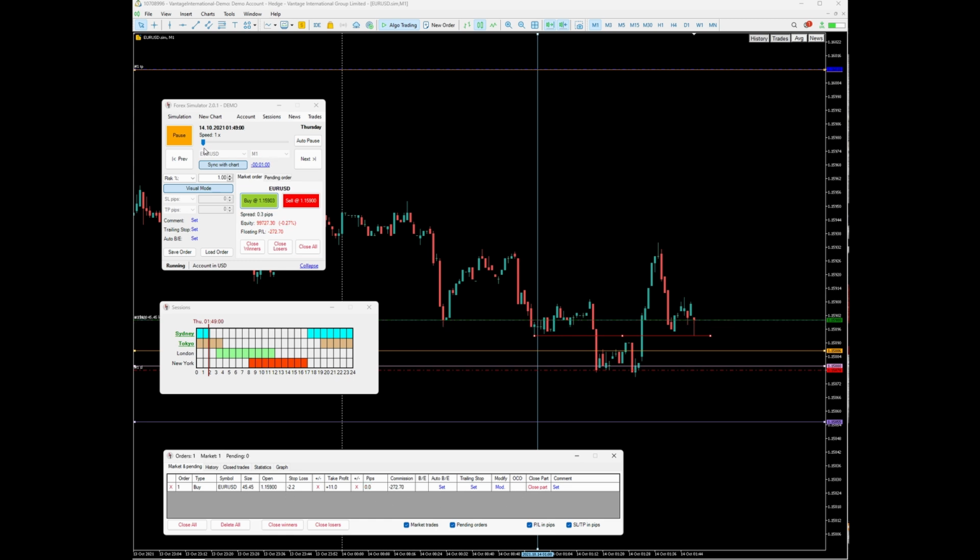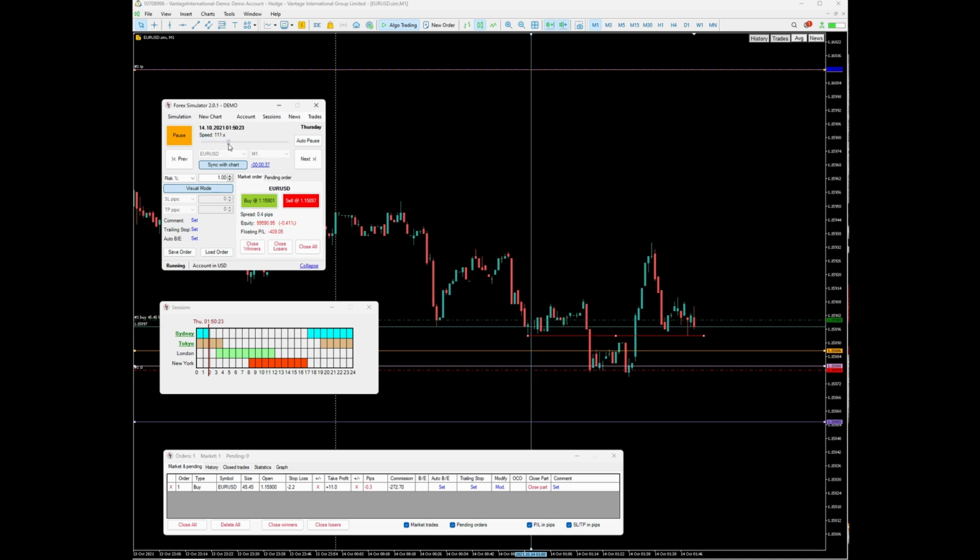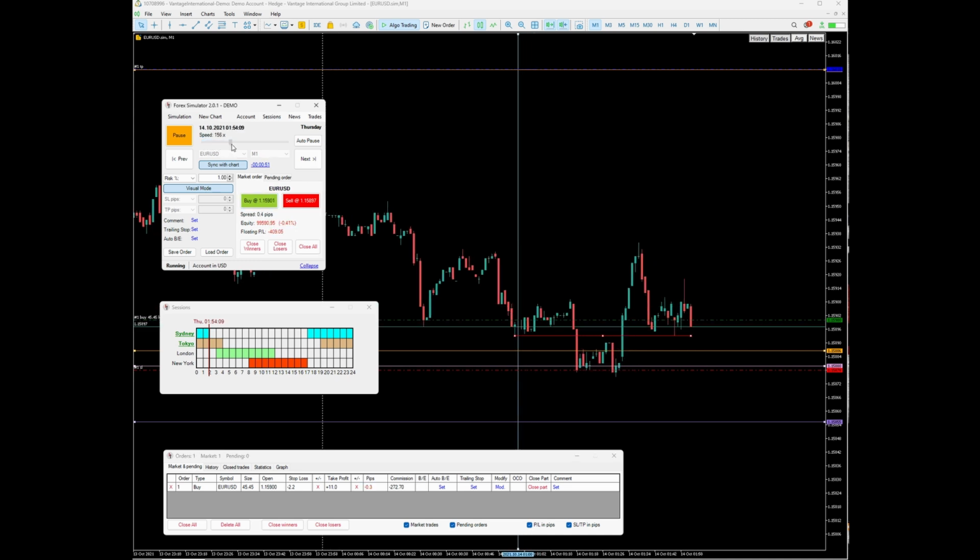Now we can link it in real time and see a minute-based approach. We can also set up auto break evens, trailing stops, but let's try to leave the extras aside and scope what we currently have. So I'm going to move it a bit faster so we can perceive what currently happens here.